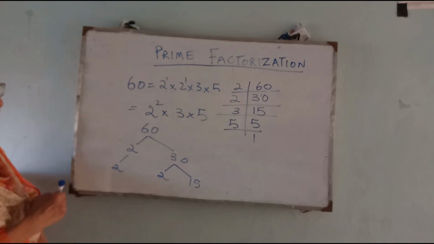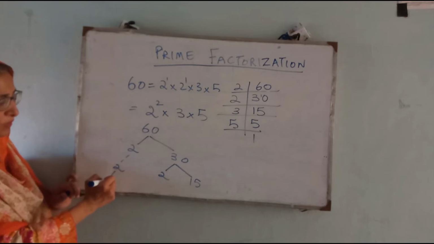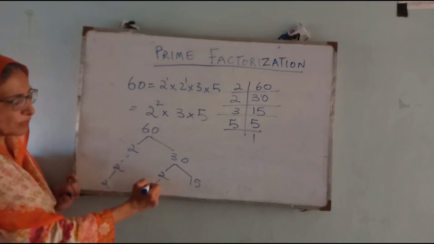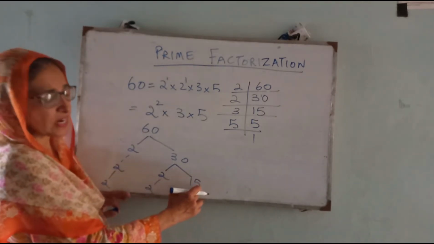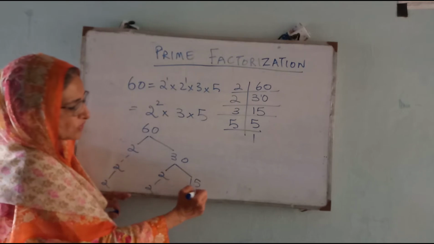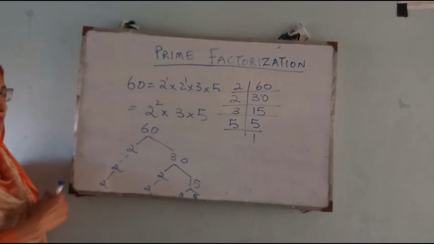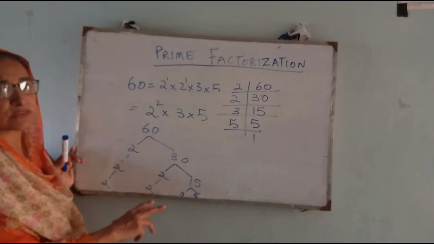Now further, can we divide this 2 by any number? No. So this 2 is going to come as it is. What about this 15? What are the factors of 15? The factors for 15 are 3 and 5. So now you can see that all these numbers are prime numbers. We cannot further divide them.